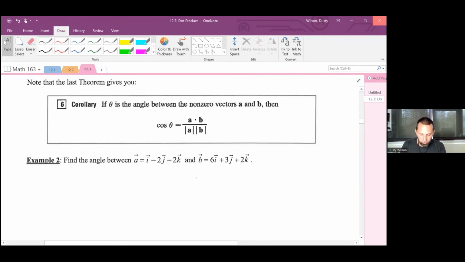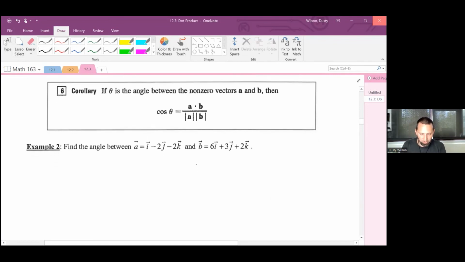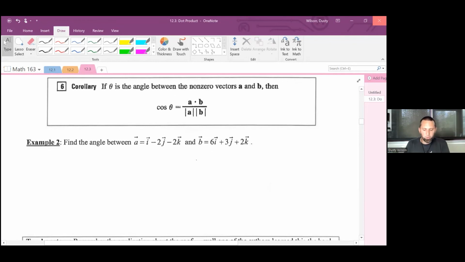So let's do an example where we use this corollary. If we want to find the angle between A equal to i minus 2j minus 2k and B equal to 6i plus 3j plus 2k, we can start by finding the dot product of the two vectors.